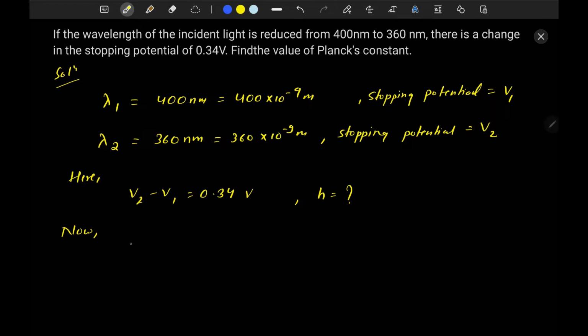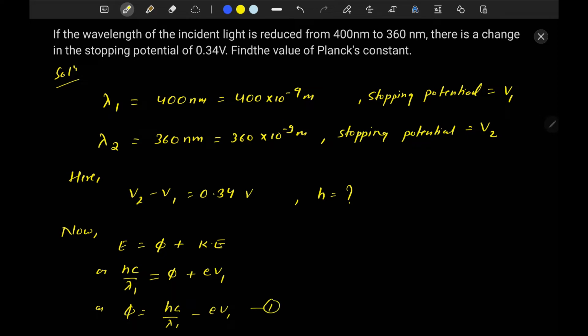For the first condition, we can write E = phi + kinetic energy, or hc/lambda = phi + eV, or for the first condition, hc/lambda1 = phi + eV1, or phi = hc/lambda1 minus eV1.